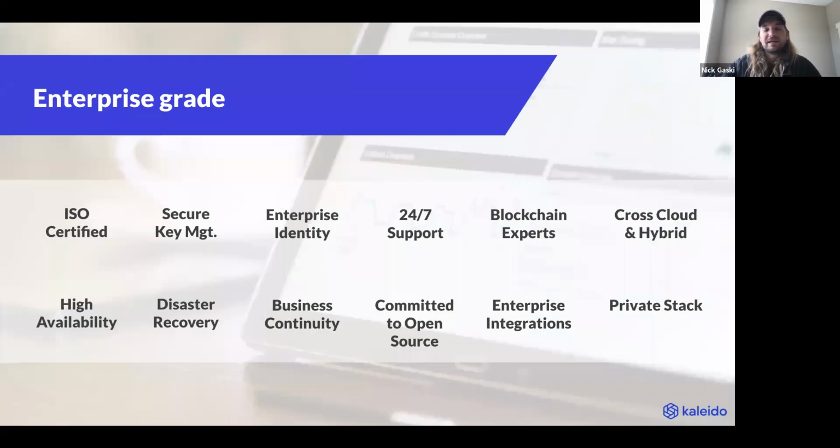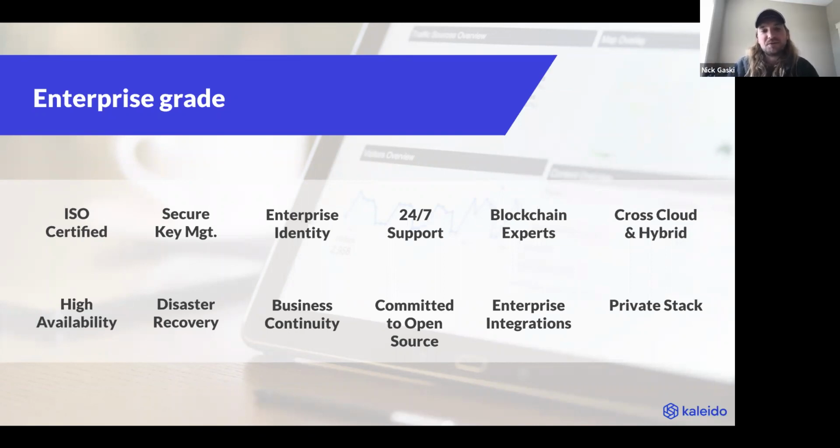Lastly, I alluded to it, enterprise grade is in our nature. So you can see a handful of representations of that here. The heavy hitting certifications, ISO 27K and SOC 2 Type 2, really fun things you can do with key management. We've added PKI based X509 and enterprise identity constructs into Ethereum.